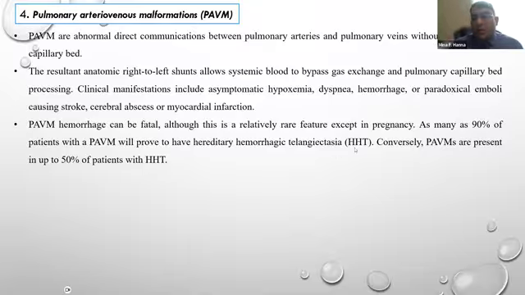When I say this, I mean if you see one, you will find more than one in the lung. So if the patient comes with this history, look for the pulmonary arteriovenous malformation, you will find many of them.